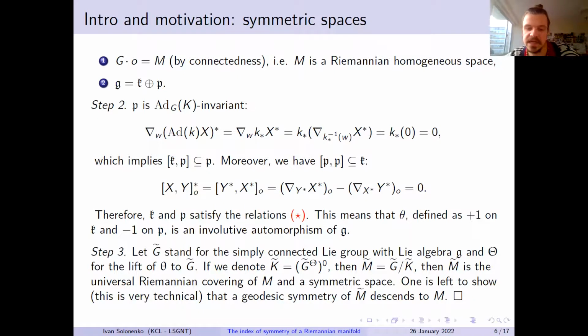And then you take K tilde to be the subgroup of fixed points of big Theta on G tilde, and then you take its connected component of the identity.